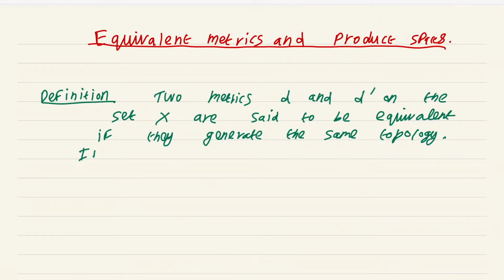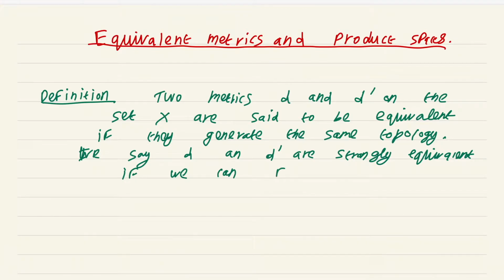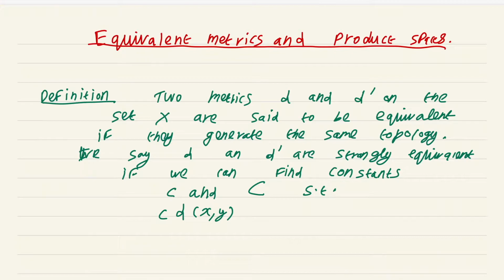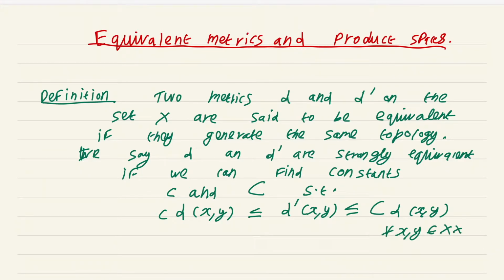If rather we say D and D prime are strongly equivalent if we can find constants small c and capital C such that we have the following inequalities: c d(x,y) is less than or equal to d prime(x,y) is less than or equal to capital C d(x,y), and this should be true for all x, y in X cross X. So let me just put it as a pair.